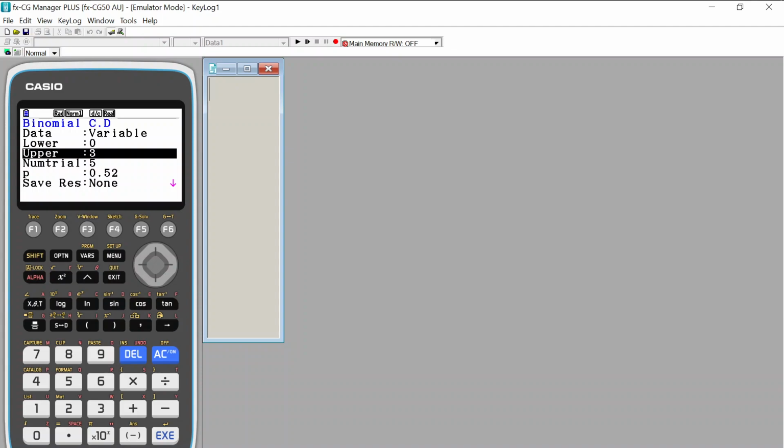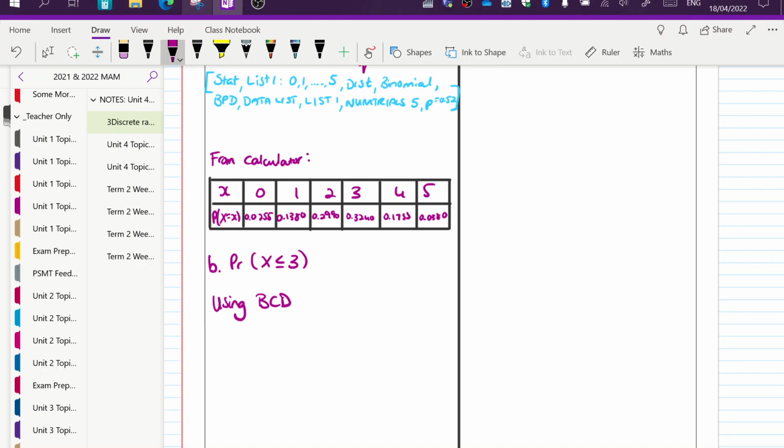Your calculator does be equal to, okay? And the number of trials is 5. Our probability of success is 0.52. And it gives us a value of 0.7865.